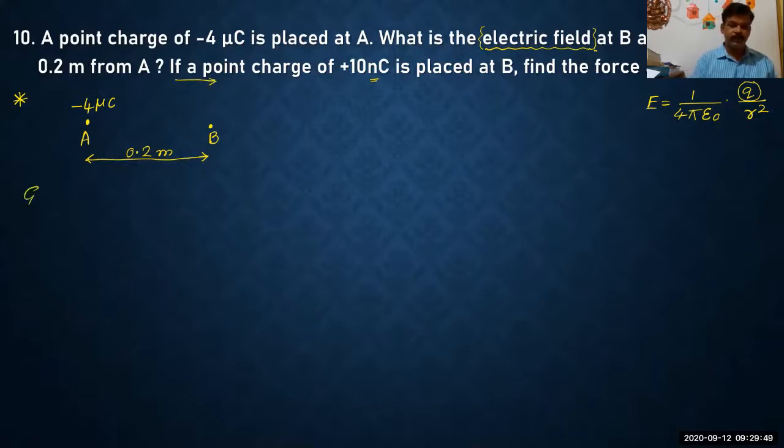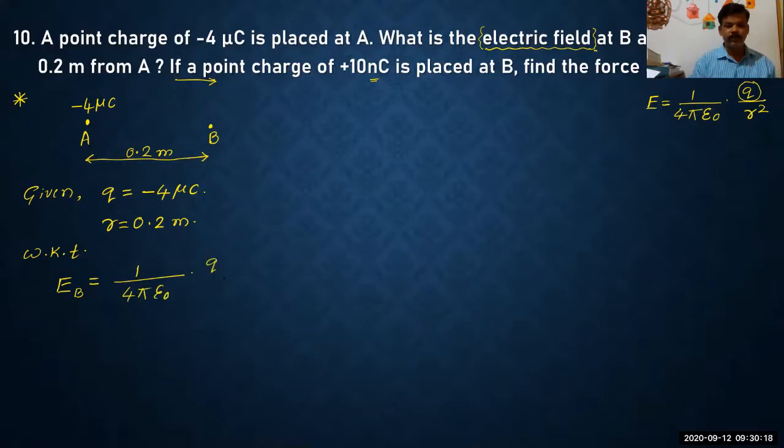Yes, what are the given things here? Given the charge Q, source charge, is -4 microcoulomb. The distance is 0.2 meter. Yes, only two things are sufficient. Then we know that E at B, electric field at the point B, is 1 divided by 4 pi epsilon naught into Q divided by the square of the distance.